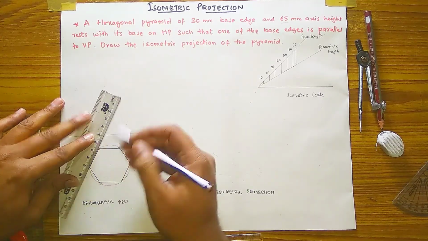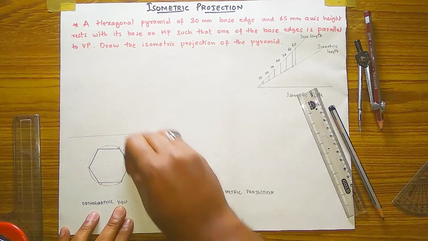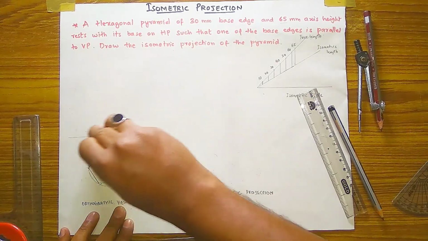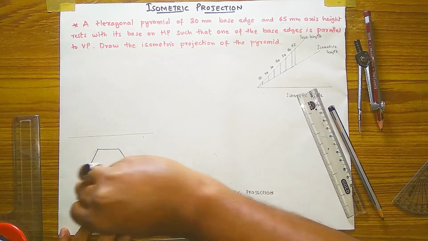Your hexagon will be created by this circle. So rub this circle, because only the hexagon is needed.